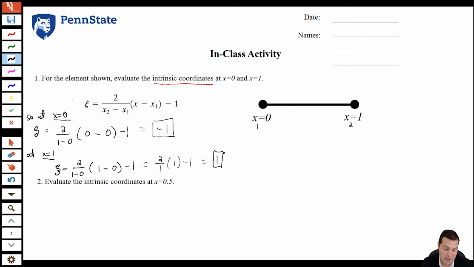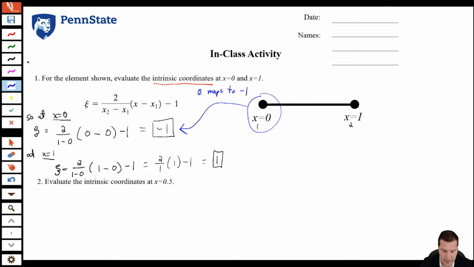Cool. And that's basically the same as our intrinsic coordinate. So notice here that the 0 mapped to -1. And that's our master element.